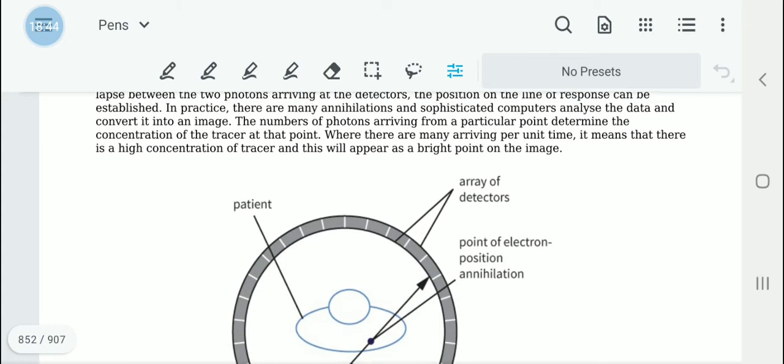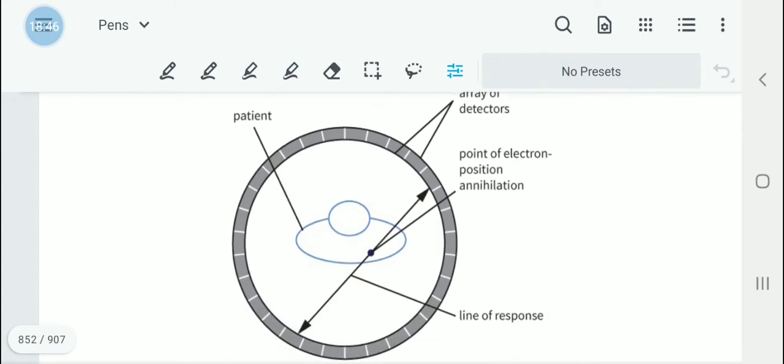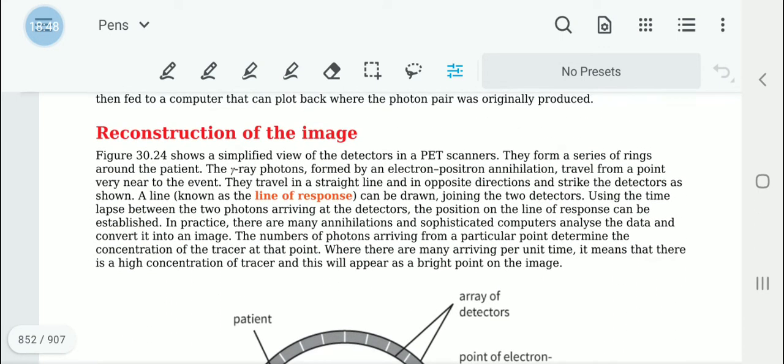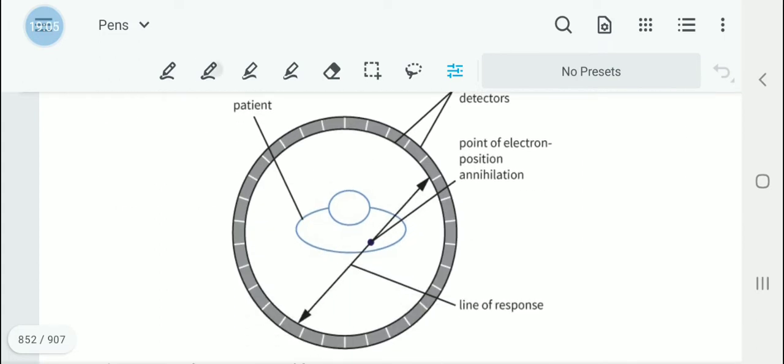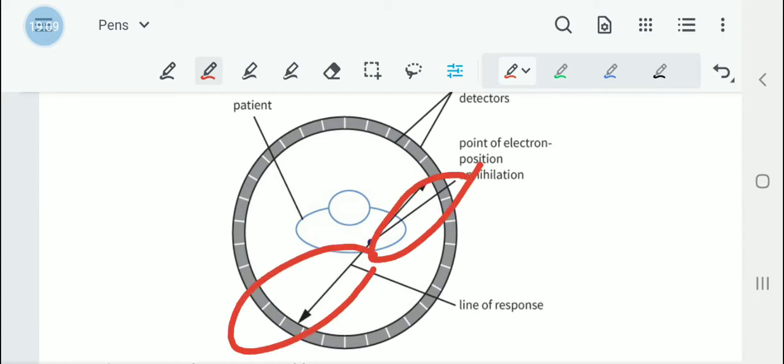So that is what we refer to as the line of response. So they travel in a straight line and in opposite directions, and they can be detected on either end. So you join the two detectors, and by considering the time lapse, because from here to here it would be a shorter time, and this would be a longer time.